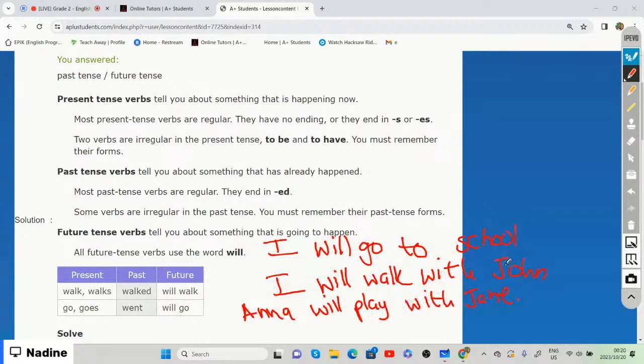So that is but a few examples of will go, will play, will walk. So our future tense verb, we use the word will within that sentence.